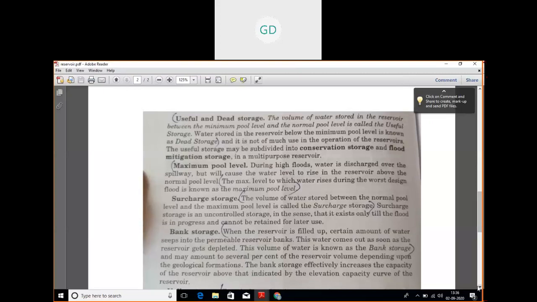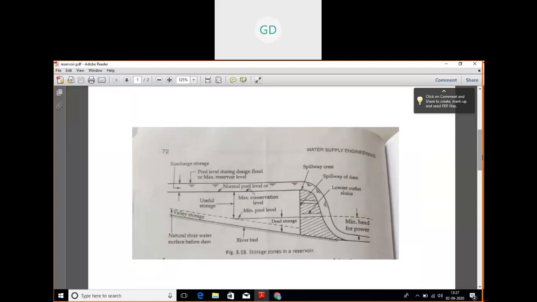Taken. Okay, next. Ma'am, can you show that diagram again? Diagram. Okay, take.